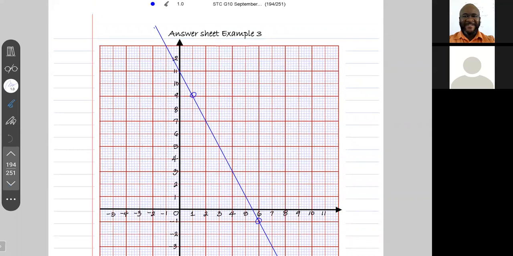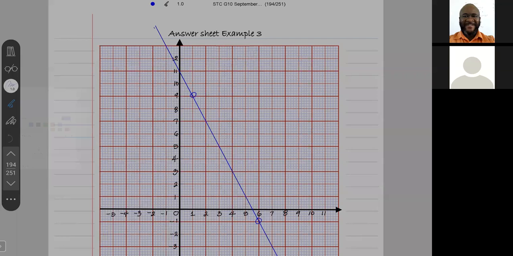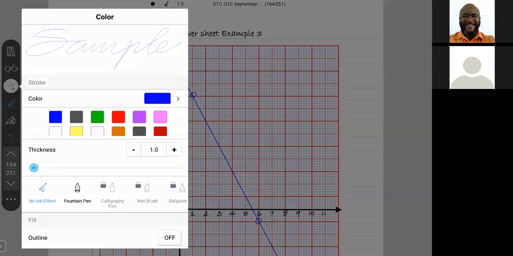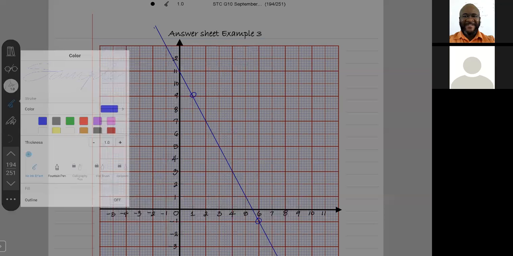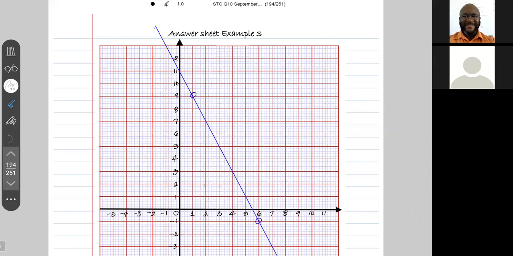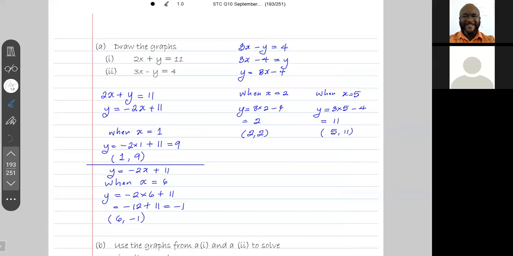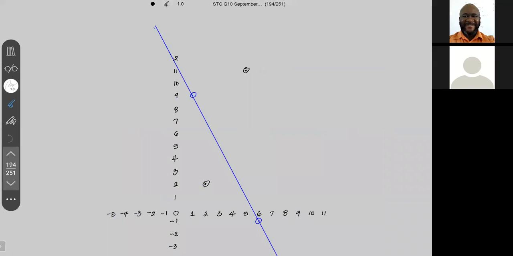So let's change the ink. 2, 2. And 5, 11. All right. And this is, okay, 3x minus 4.